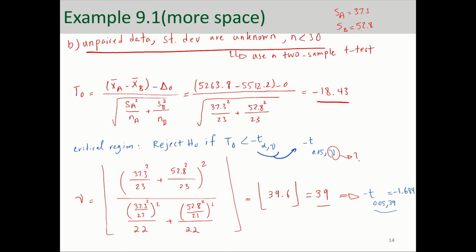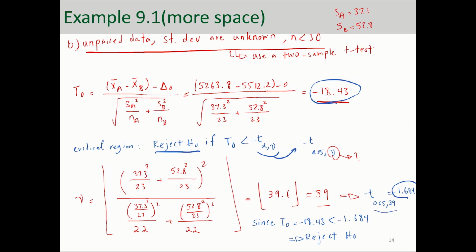So now we need to compare the test statistic with this critical value, and obviously we can see that it is way less than the critical value. So we will reject the null hypothesis. So we say, since the t-score of negative 18.43 is less than negative 1.684, reject the null hypothesis.